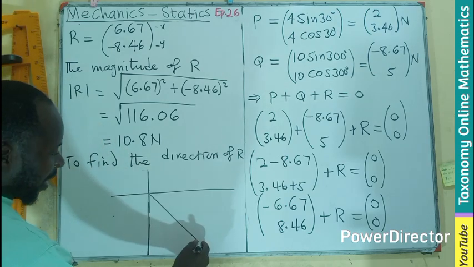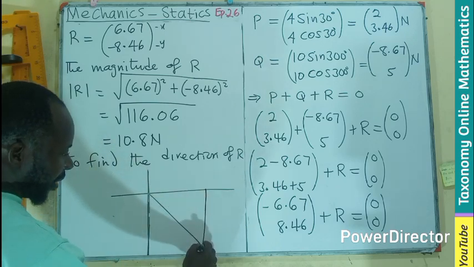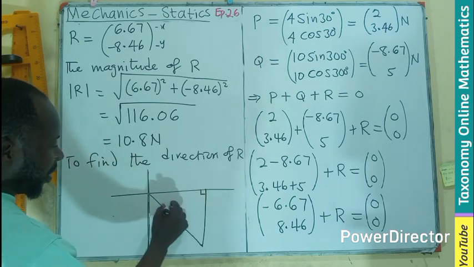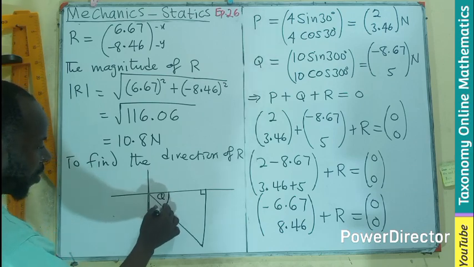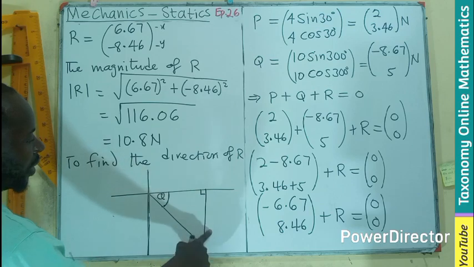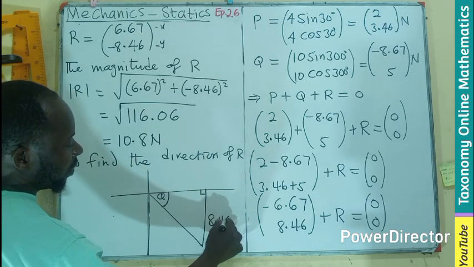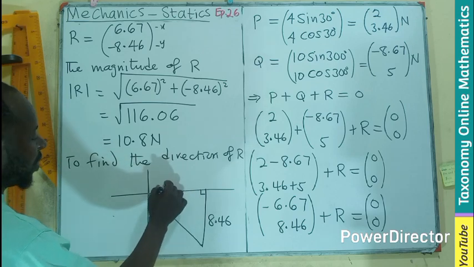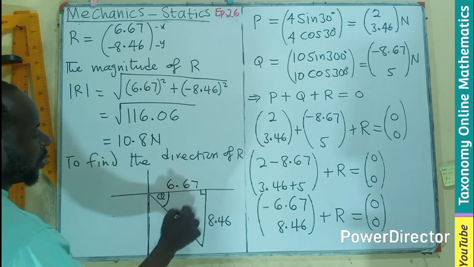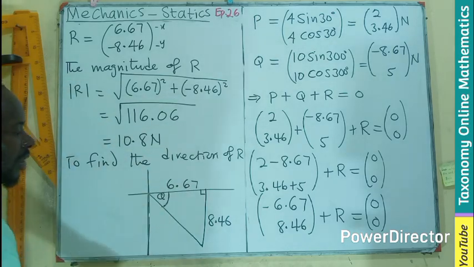So if I have the point here, the point for x is there, forming 90 degrees. This is the angle we are looking for. The reading on the y-axis is 8.46 and the reading on the x-axis is 6.67.